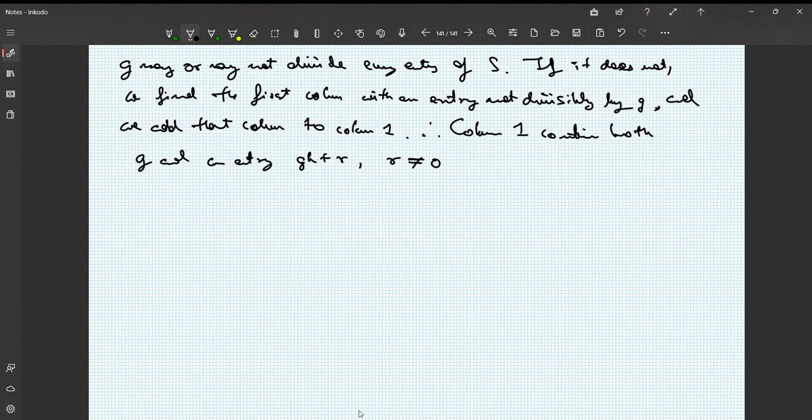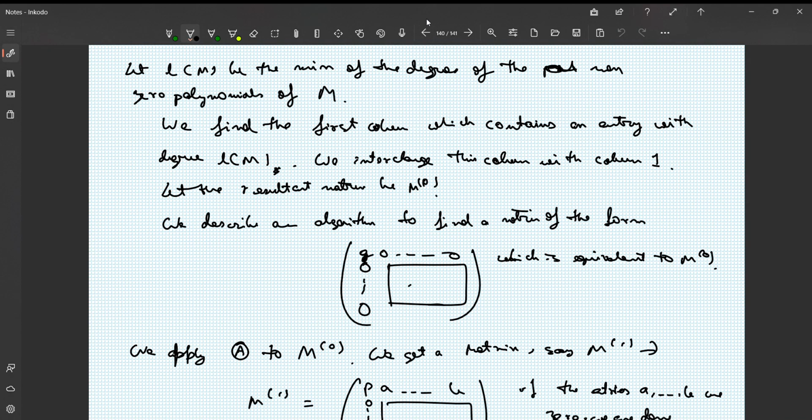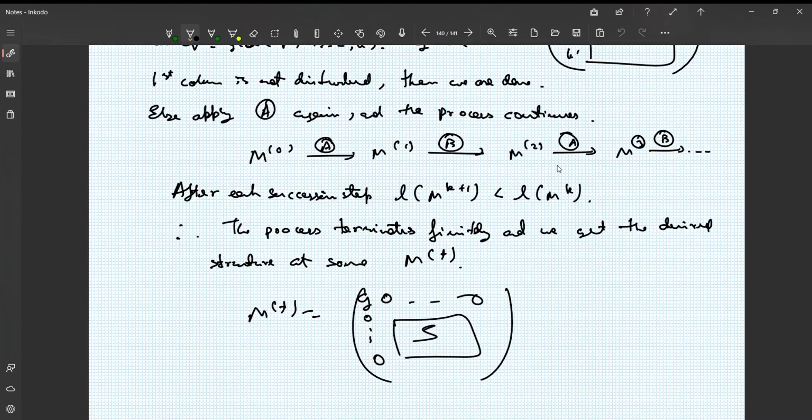Therefore column 1 contains both G and an entry GH plus R with R non-zero, right? Because it does not divide. And the other property for R is that its degree is less than that of G.